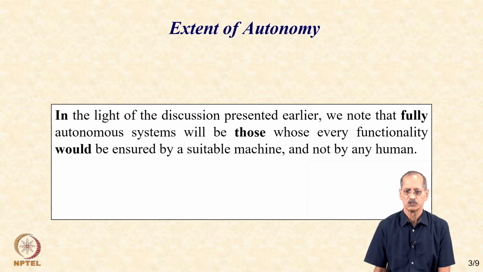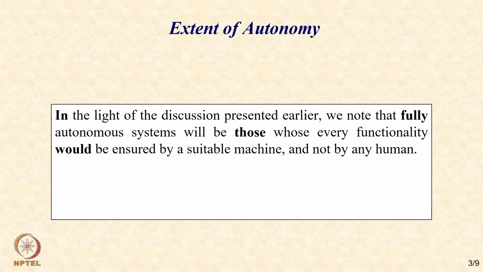Of course, at some point and as an initial hypothesis, we always look for a fully autonomous system. So, obviously, what we intend is that every functionality of that system should be ensured by a suitable machine and not by any human. So, that is the primary idea when we look at a fully autonomous system.